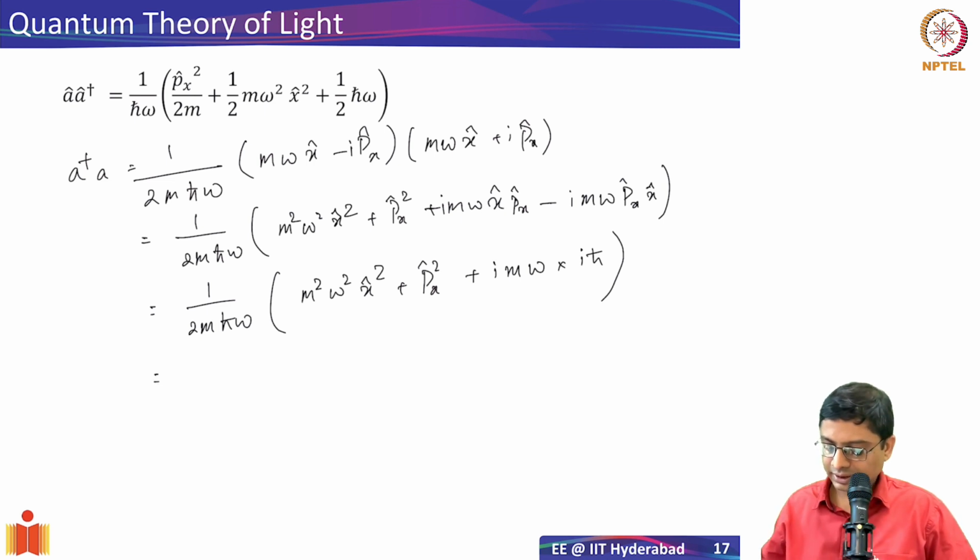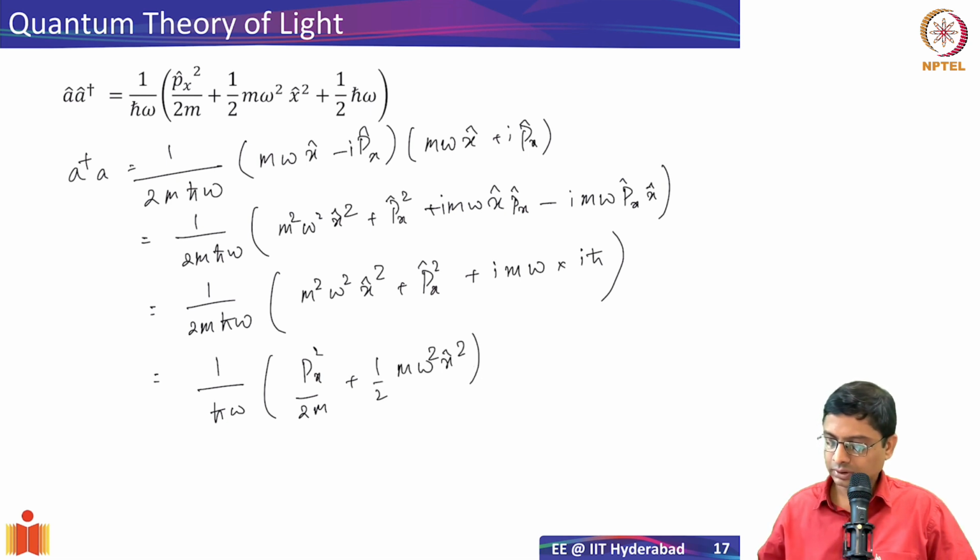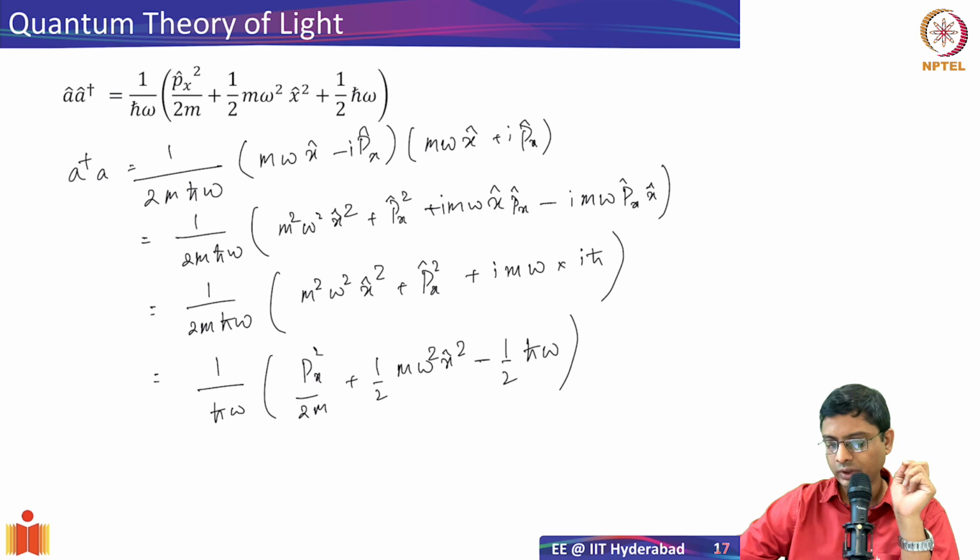So you'll quickly see that I get 1 by h cross omega into px square by 2m plus half m omega square x cap square. This should be a minus half here, not a plus half. Minus half h cross omega. The previous term had Hamiltonian plus half h cross omega. Now we'll get minus half h cross omega.